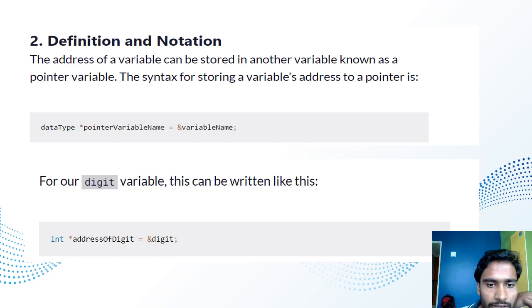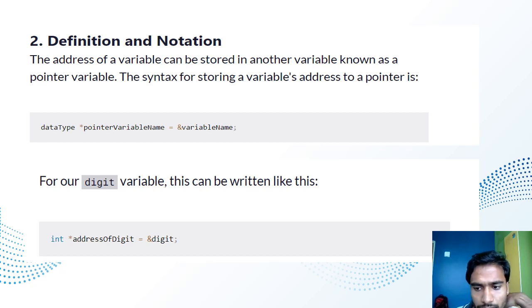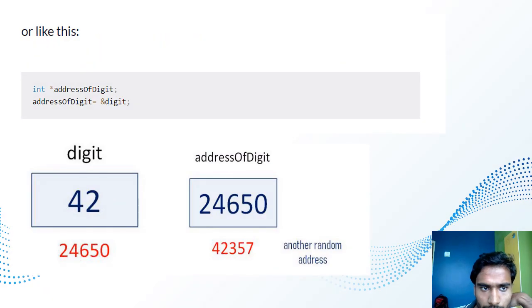For our digit variable, this can be written like this: int *address_of_digit = &digit; Or like this: int *address_of_digit; address_of_digit = &digit; digit is 42, its address is 24650, and address_of_digit is 24650.